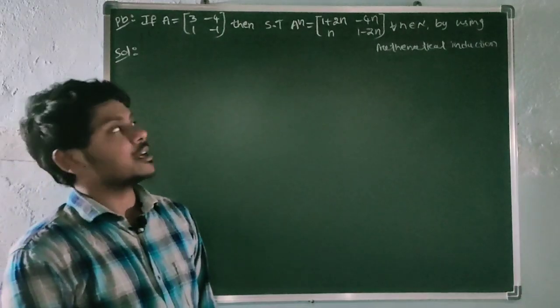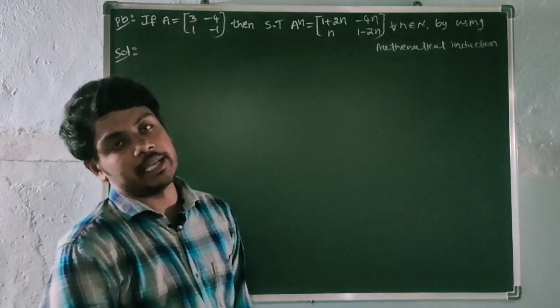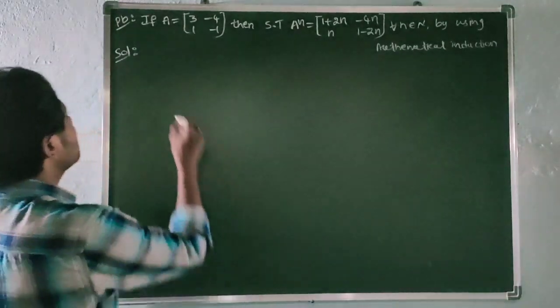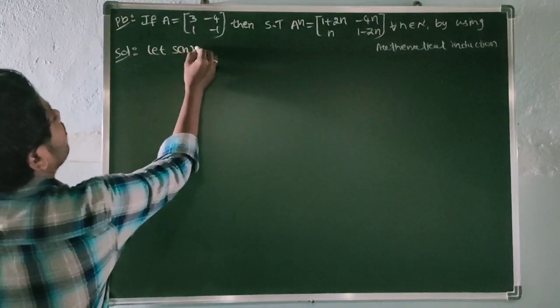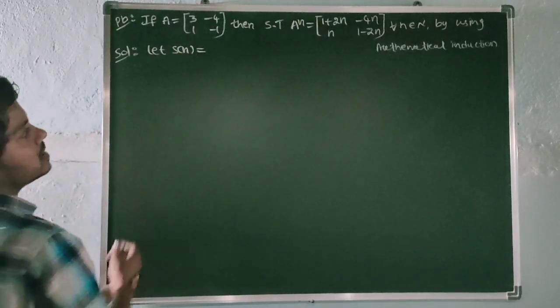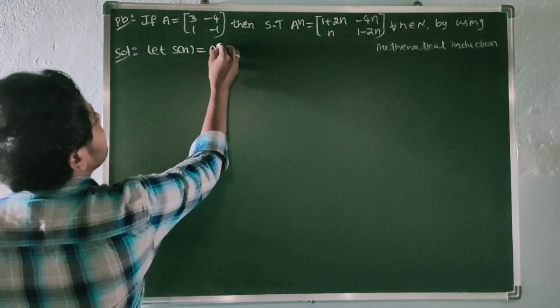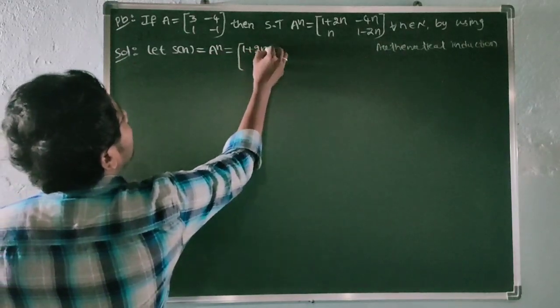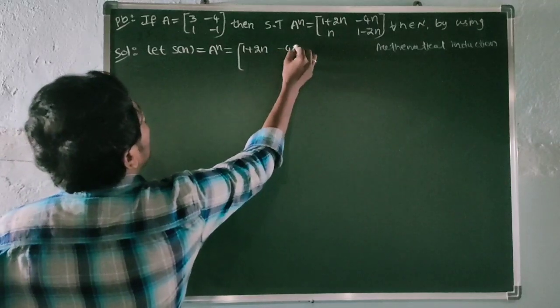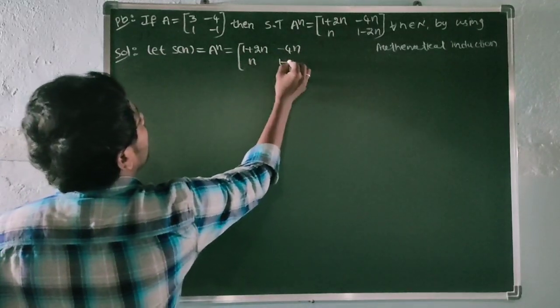So this problem is also solved by using mathematical induction. So first let S of n be the given statement. So what is that? A power n is equal to the matrix 1 plus 2n, minus 4n, n, 1 minus 2n.